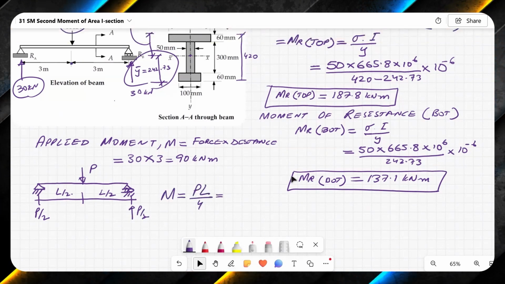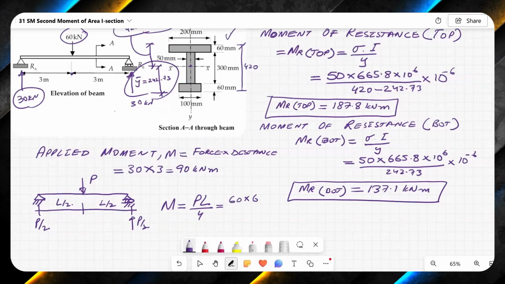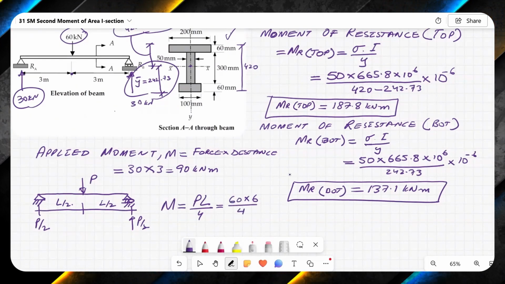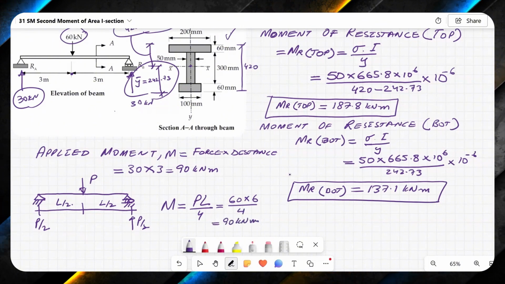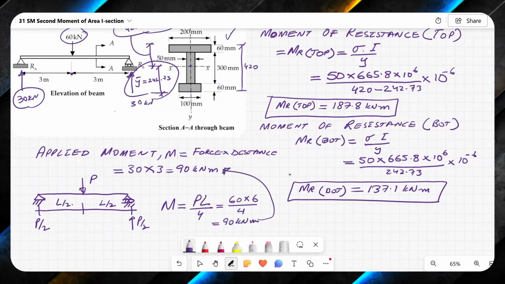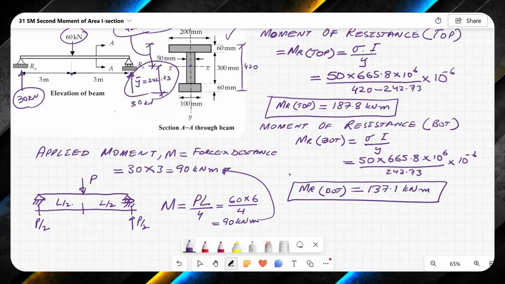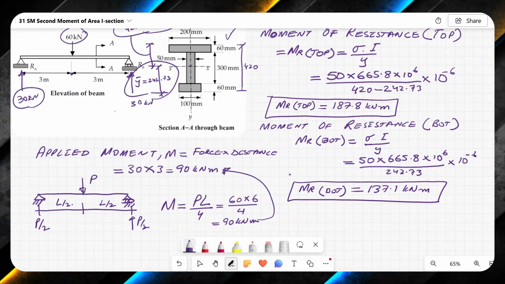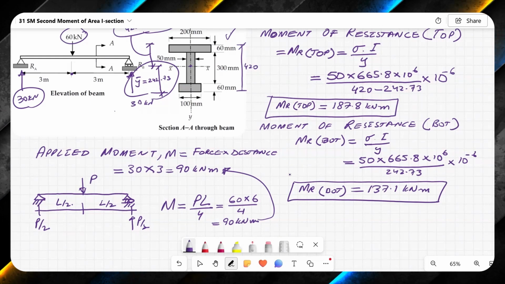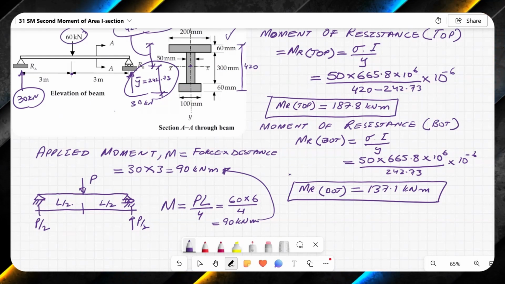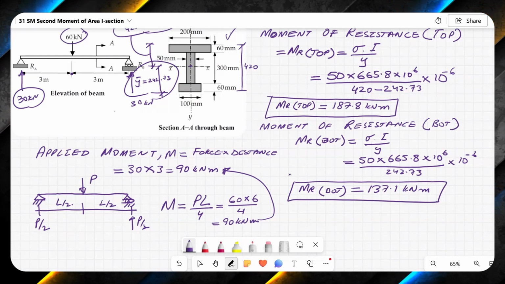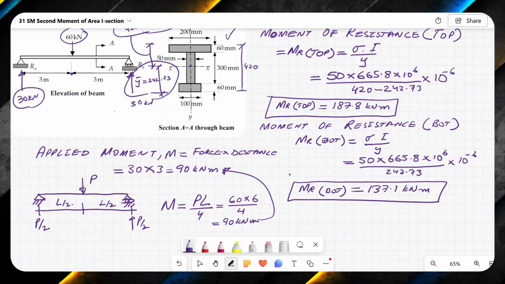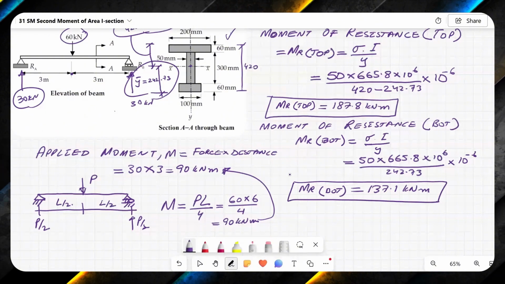So P here is 60, L is 6, divided by 4. In this way, we get 90 kilonewton meter as well. So it's one and the same thing. Either you use the formula directly or use common sense that if the load is applied at the center, it will be equally divided between supports, and from support to point of application of load, it will generate a moment. So reaction times the distance will give you moment.